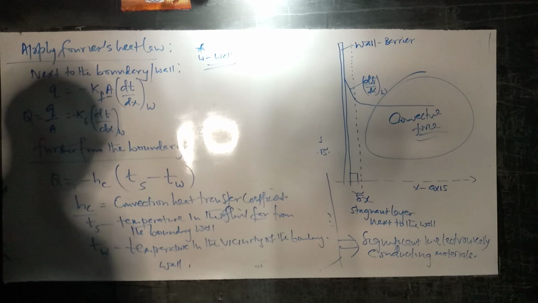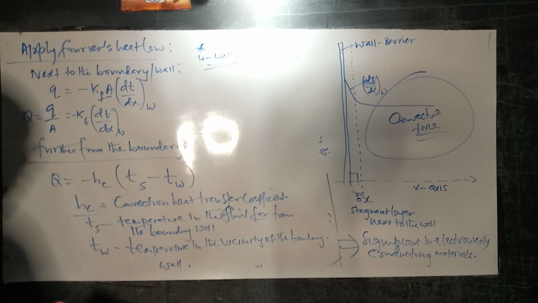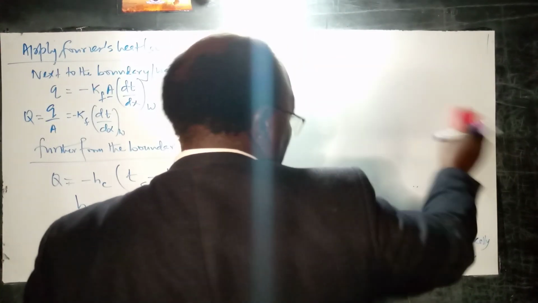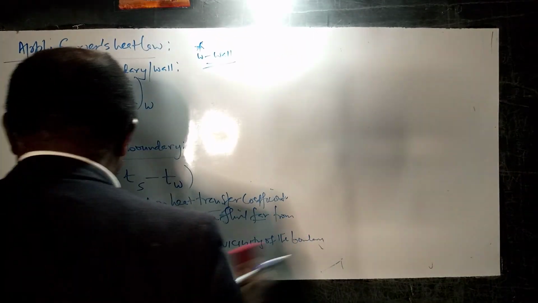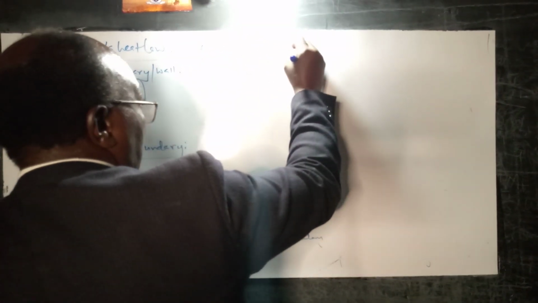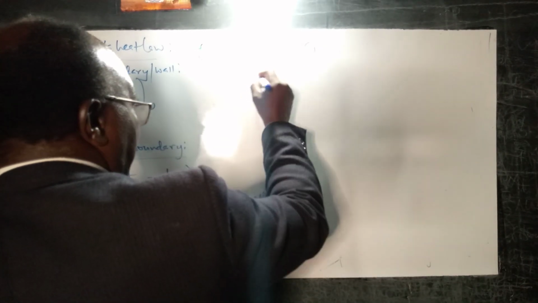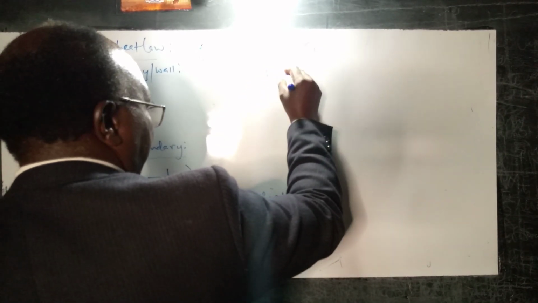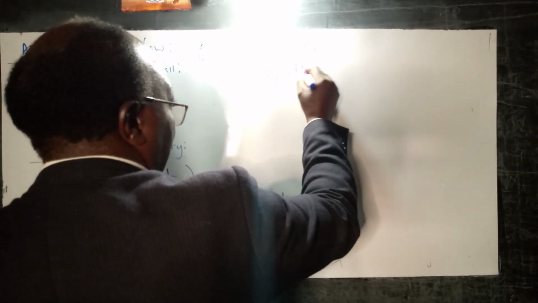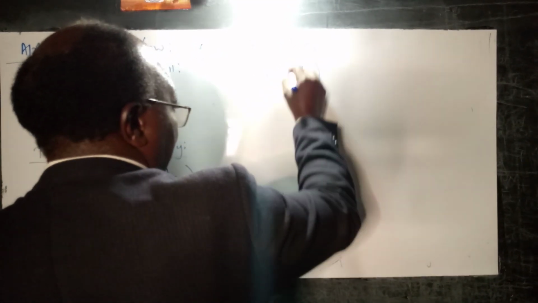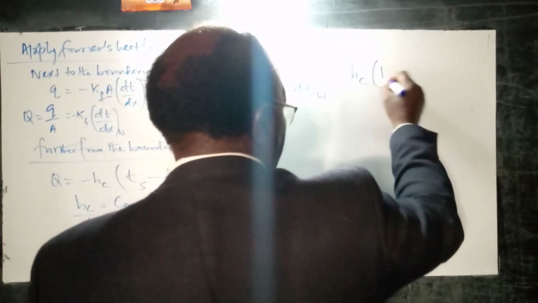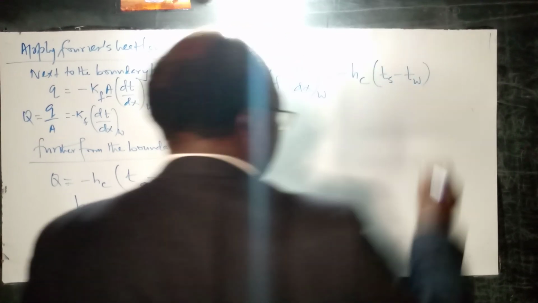Now, once we have this expression, we now don't need this, we now don't need that. So we can say, therefore, it is clear that minus Kf dT/dx at the wall is equal to minus Hc into (Ts minus Tw).